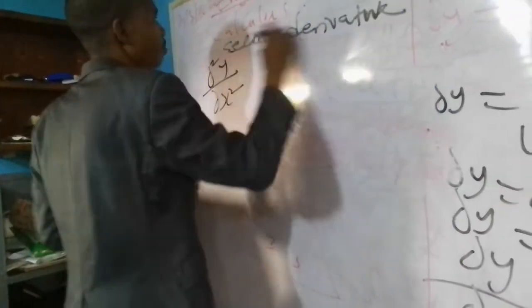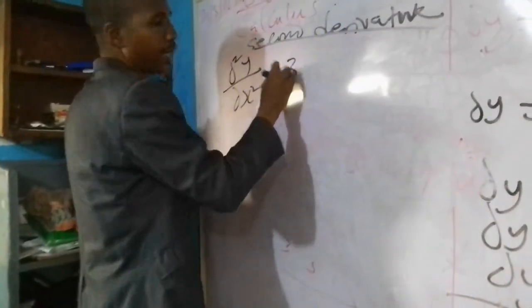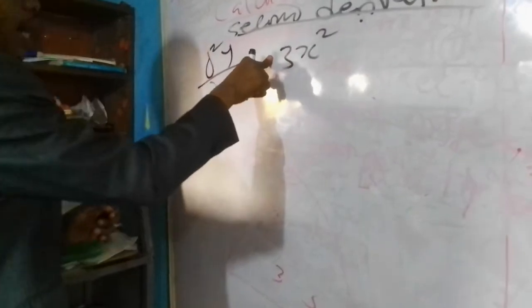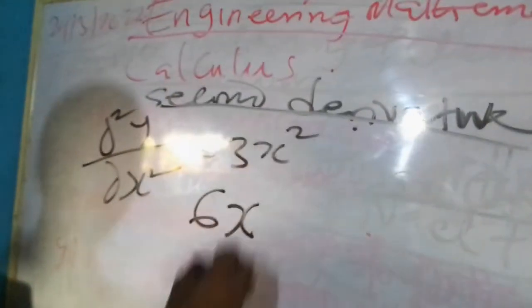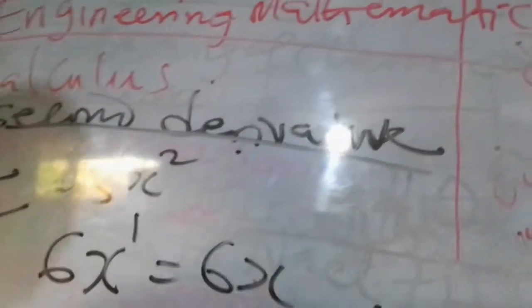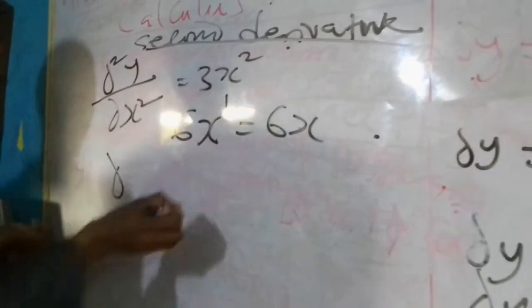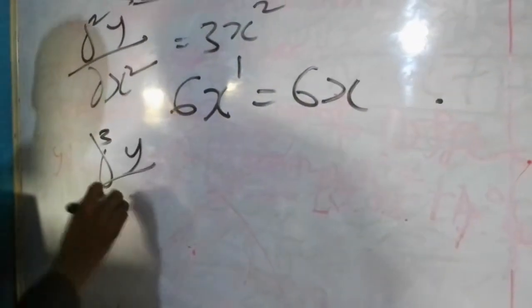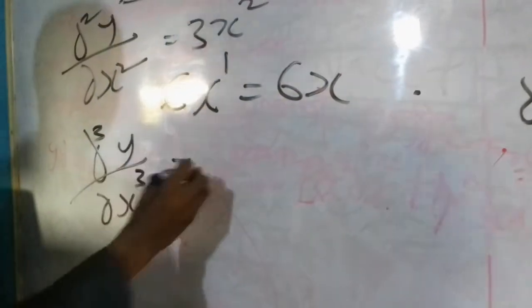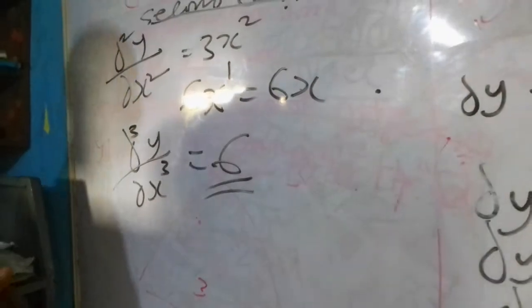Now find the second derivative of 3x squared: you multiply 2 times 3, that is 6, into x, subtracting 1 from the power, which equals 6x. Then the third derivative, d cubed y over dx cubed, equals 6. That is referred to as the third derivative.